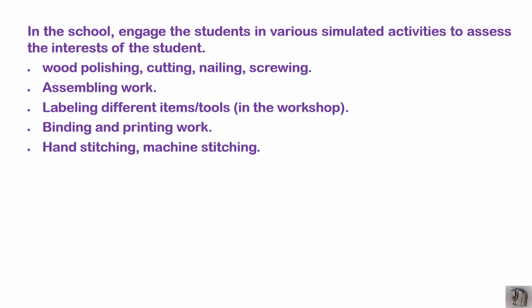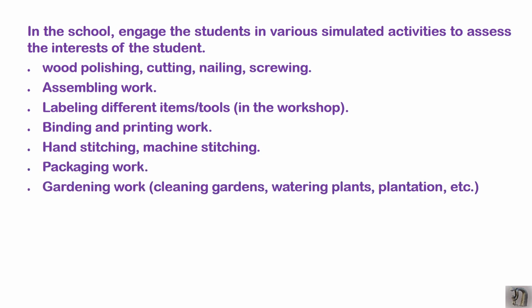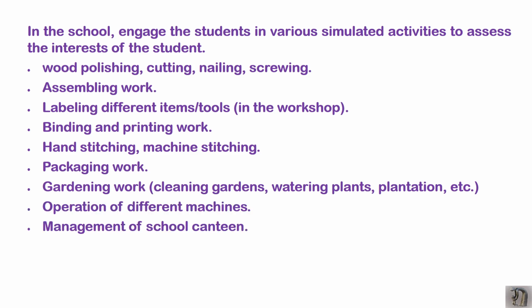Binding and printing work, hand stitching, machine stitching are very, very important. Packaging work, gardening work, operation of different machines, management of the school canteen are all good activities where you can check the interest of the child, and after training you can place the child in some job.